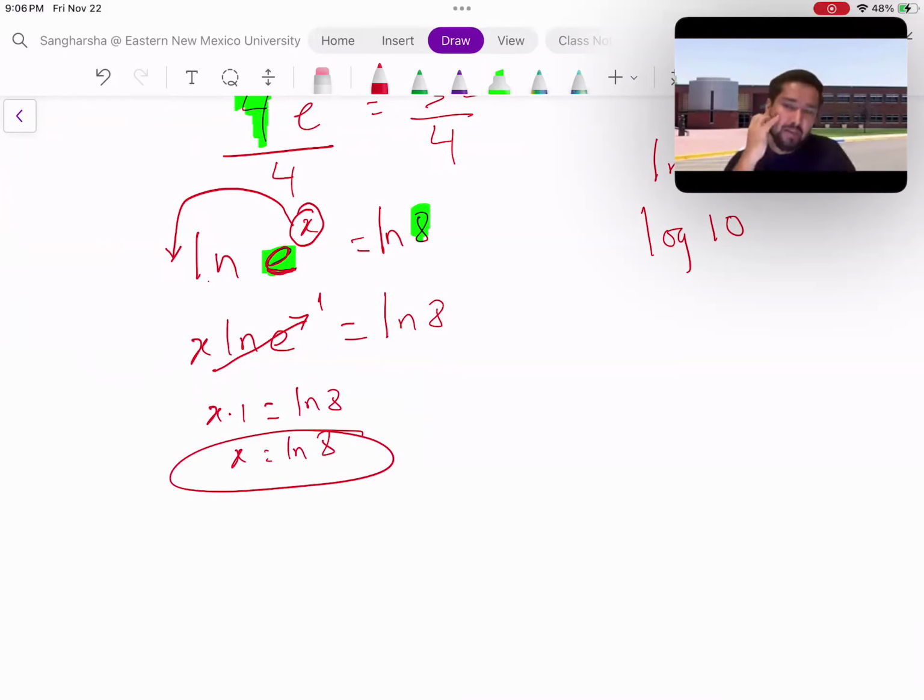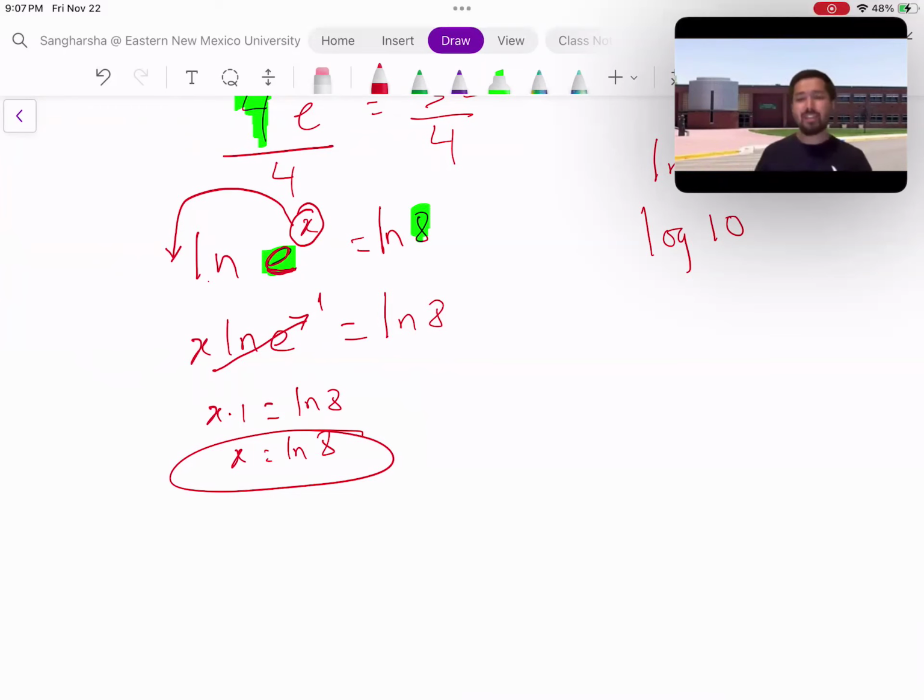And you will have this type of equation, okay, where you will be required to apply log on both sides, or you will also have an equation where you are required to have the same base on both sides. Okay, and these are the two ways to simplify your exponential equation.